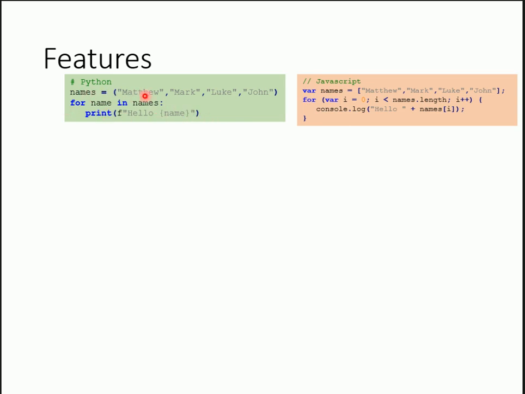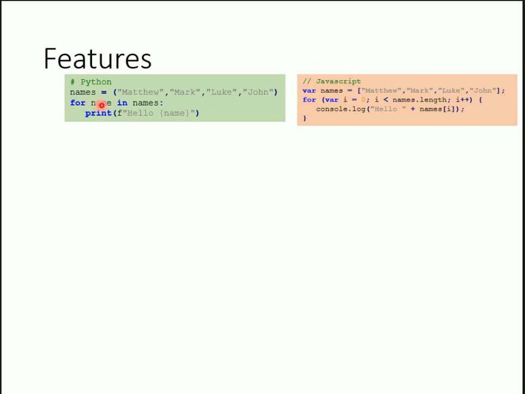The top line says here's a list of names, and that's quite straightforward. It's not too bad in JavaScript, although you've got to use this command var, and you've got an extra semicolon on the end of the command. A lot of languages have that idea that they need a special marker to say this is the end of a command. Python doesn't need that.